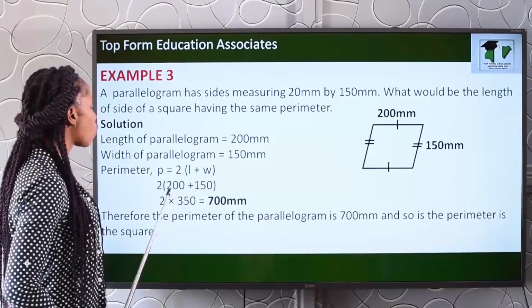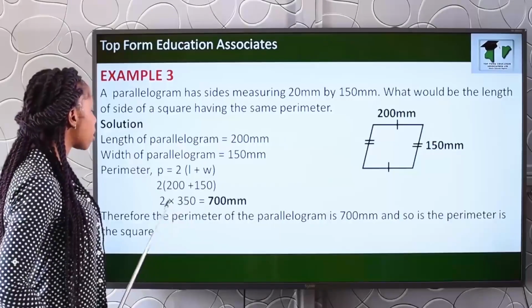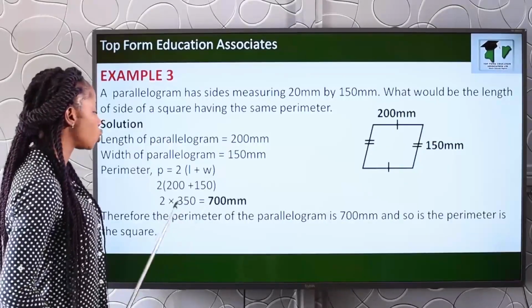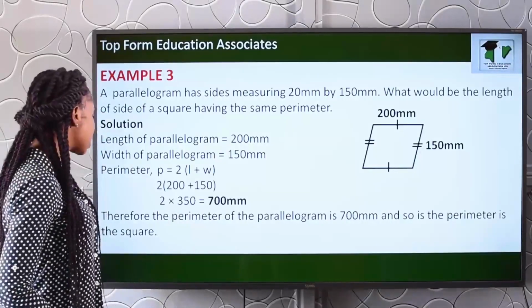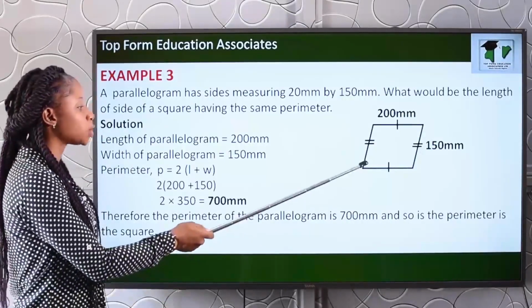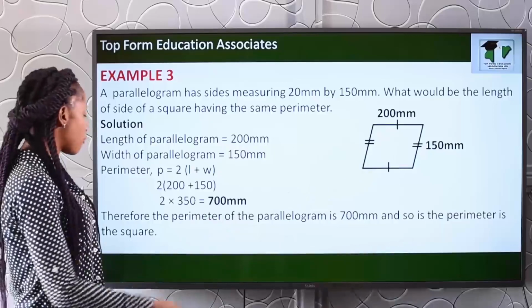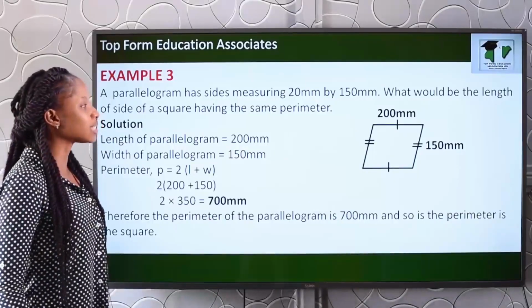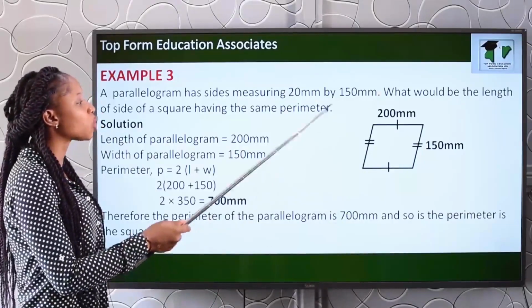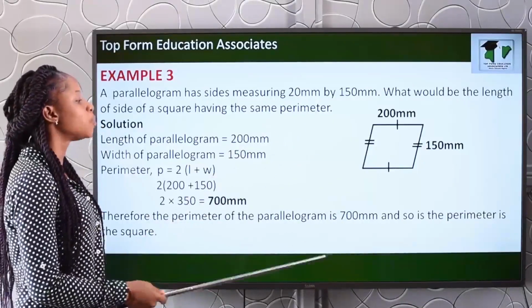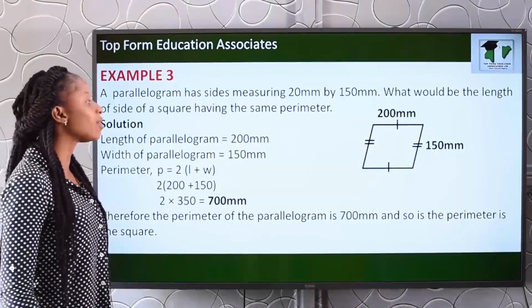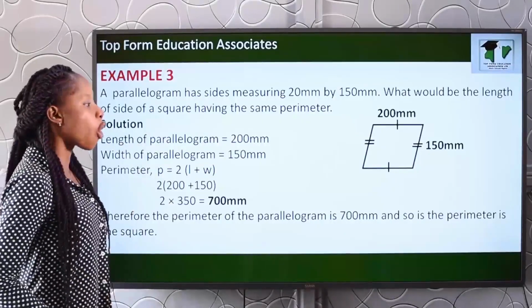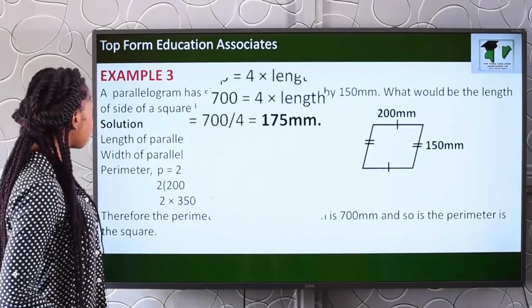So we just add 200 plus 150, then multiply by 2, and we get the answer as 700 millimeters. Therefore, the perimeter of this parallelogram is 700 millimeters. And since the perimeter is the same as the perimeter of the square, the perimeter of the square is also 700 millimeters.